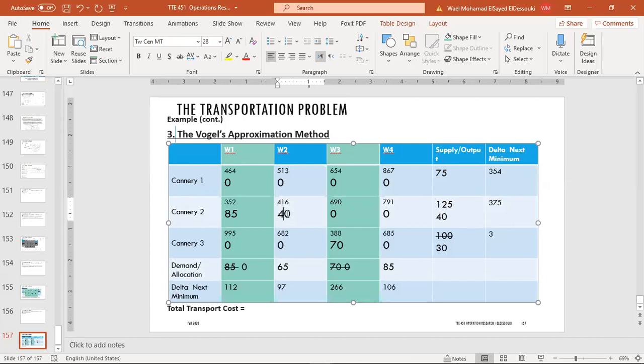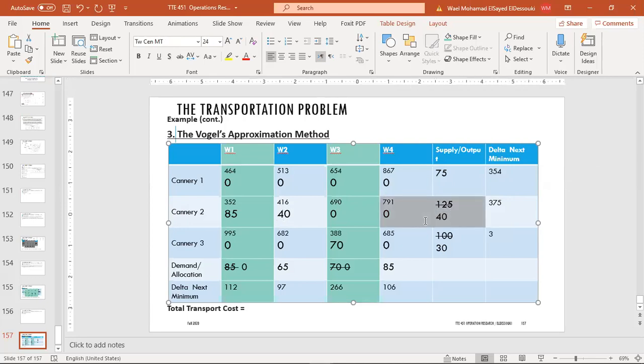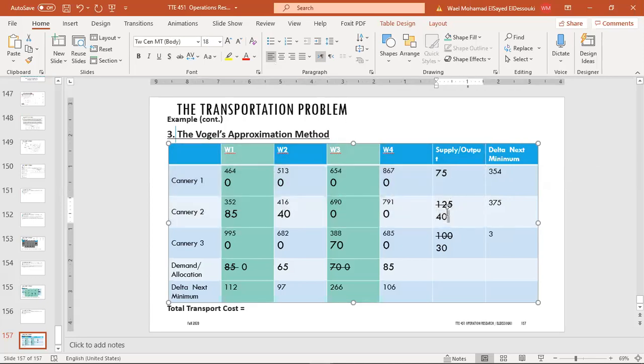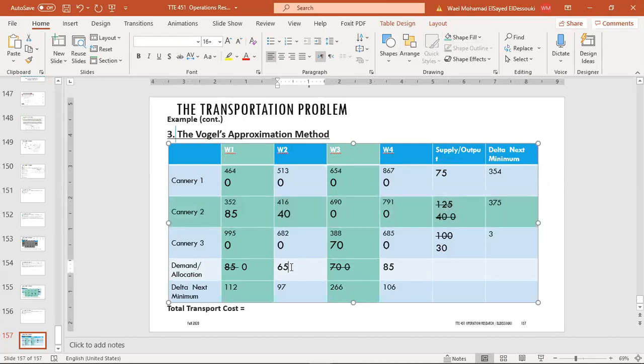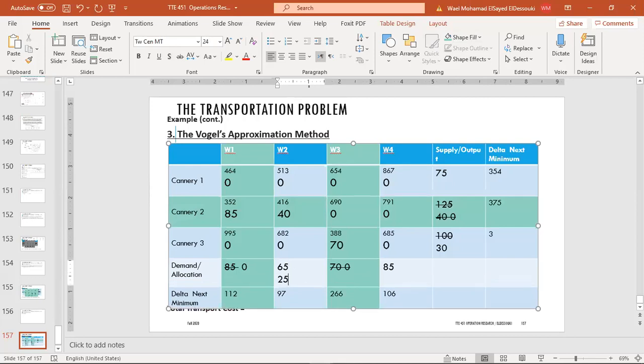What's the maximum? 40, because that's what's available in supply from cannery number 2. This one becomes striked, and now we have 0 available here. And this cannery goes out of calculation. Out of the 65, we supplied 40. So the remaining that we need to fulfill is 25.